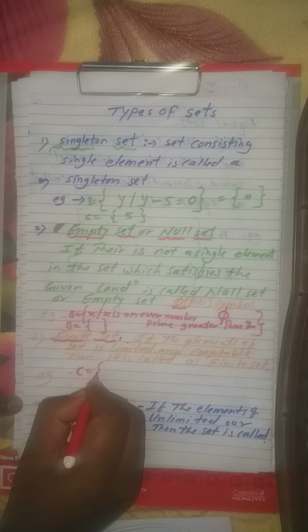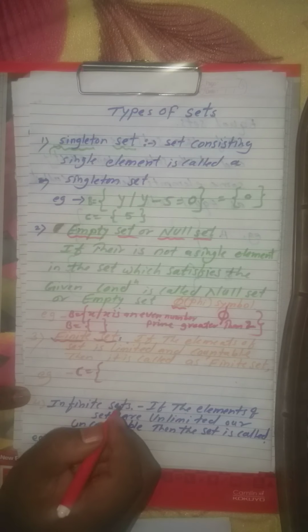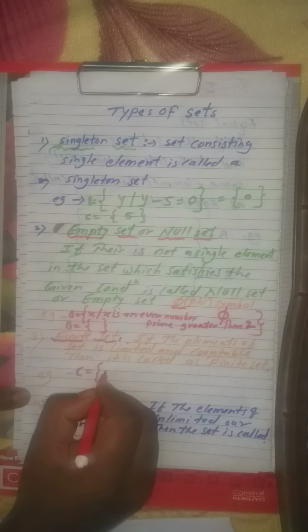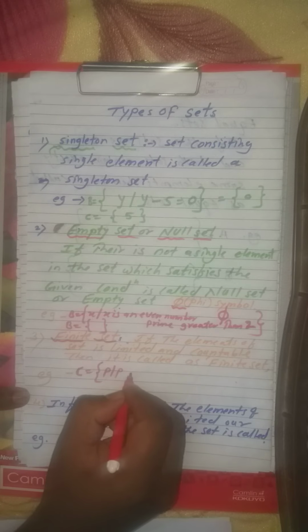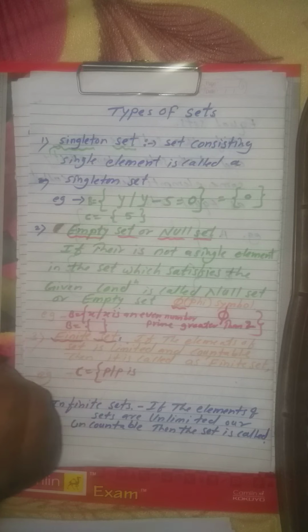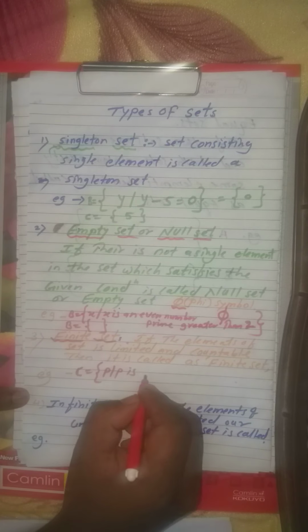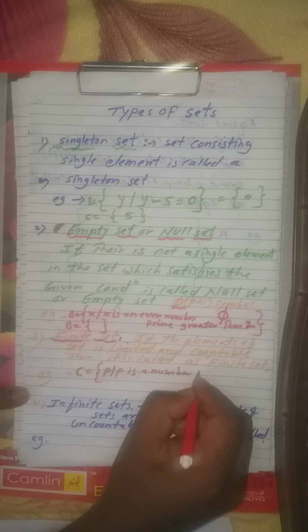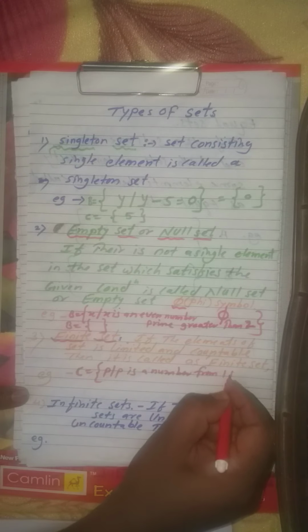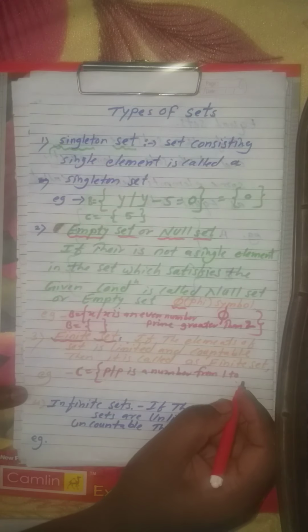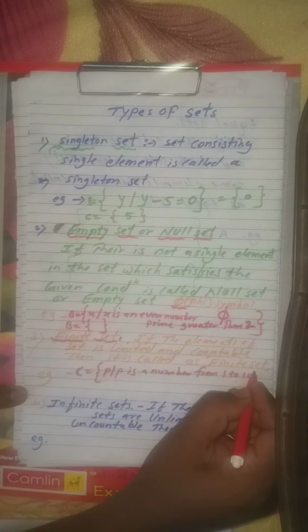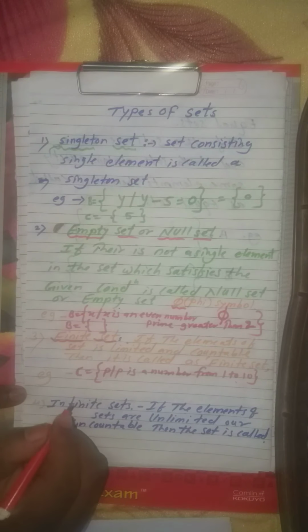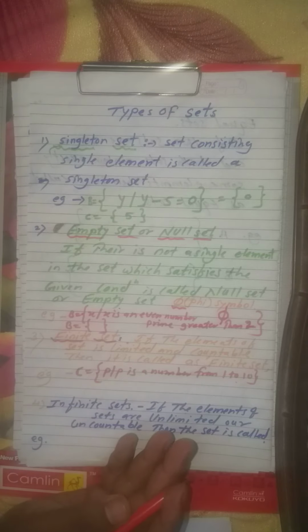C is equal to P such that P is a number from 1 to 10. That means we can write the set like this: 1, 2, 3, 4, 5, 6, 7, 8, 9, 10.